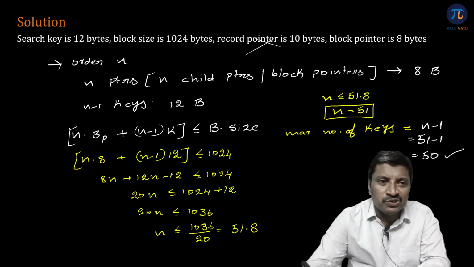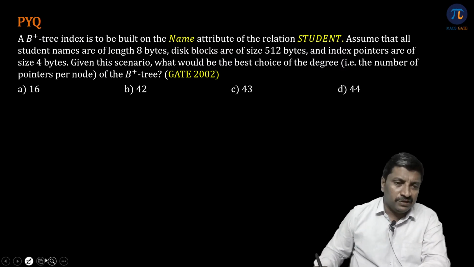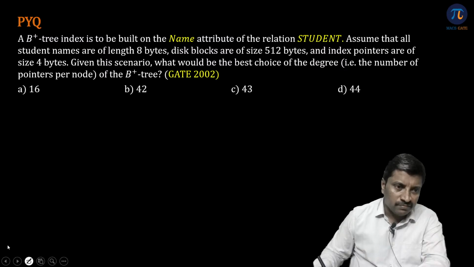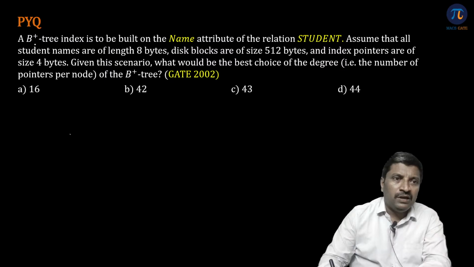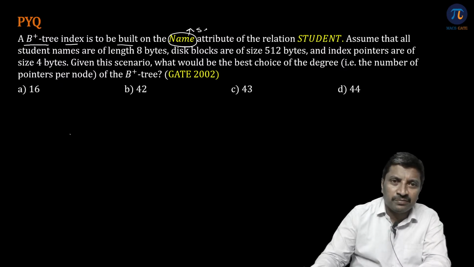Let us go to the next question. A B plus tree index is to be built on the name attribute of the relation student. Sir, the name attribute means this is our search key.